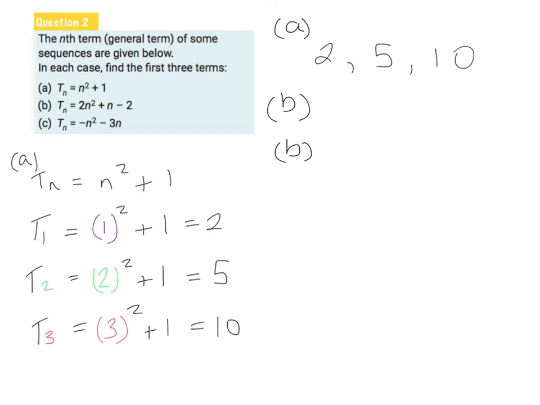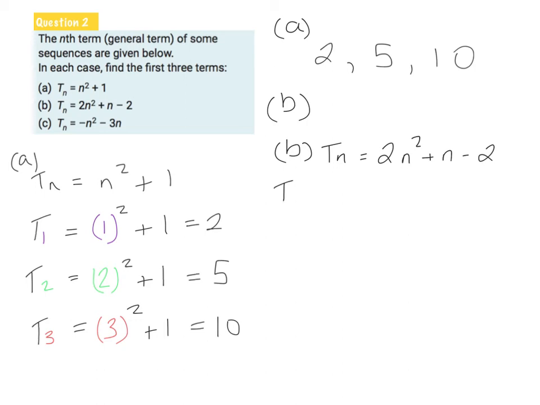So for part B, this time we've got t of n is equal to 2n squared plus n minus 2. So in this case it's a little bit longer, and we know it's going to be a quadratic sequence because we've got a squared. So let's find the first term, so t of 1. And we'll do it the same way we did the last one.